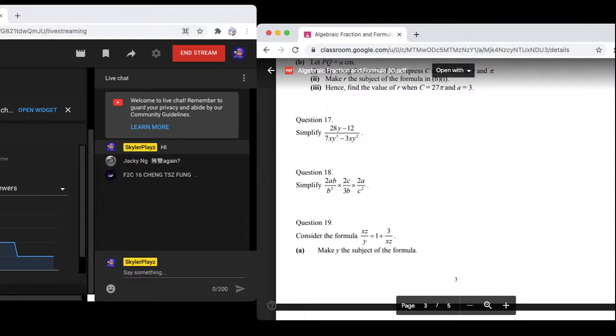So 8a squared divided by 3b squared c squared, and that's my answer. 39.